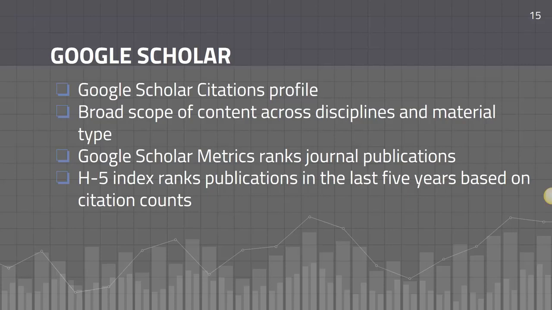You can use Google Scholar metrics to look at top journals in a subject area. It also provides the H5 index, which looks at publications in the last 5 years, ranking them based on citation counts. Google Scholar tends to have more data coverage and better international and non-English language coverage, and you'll notice that citation counts may be higher.